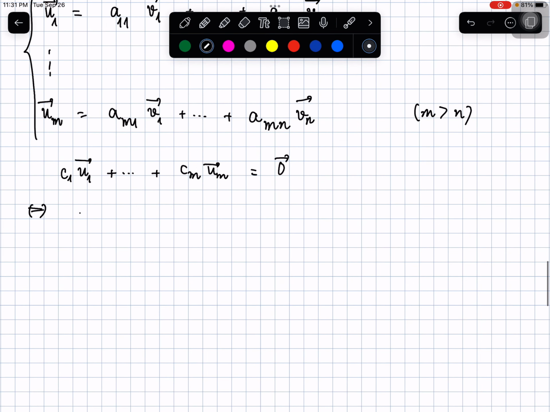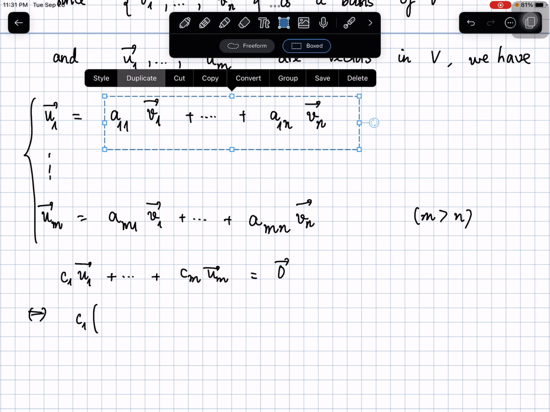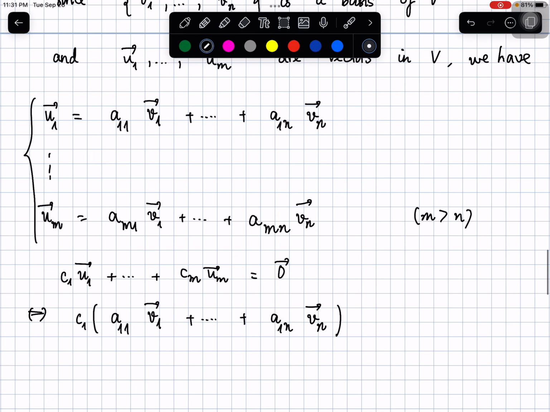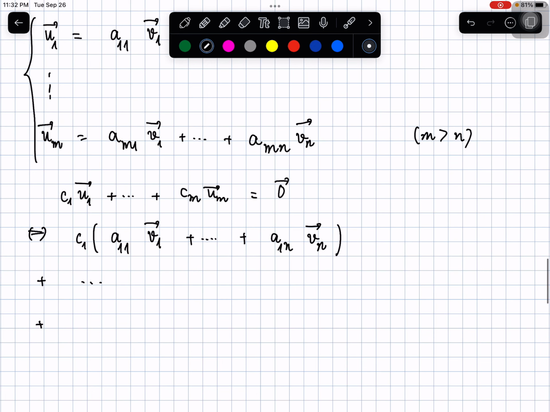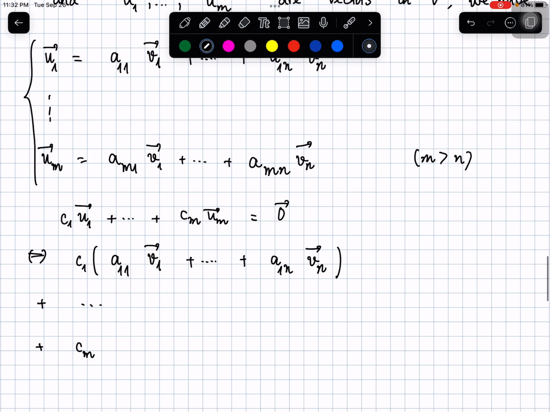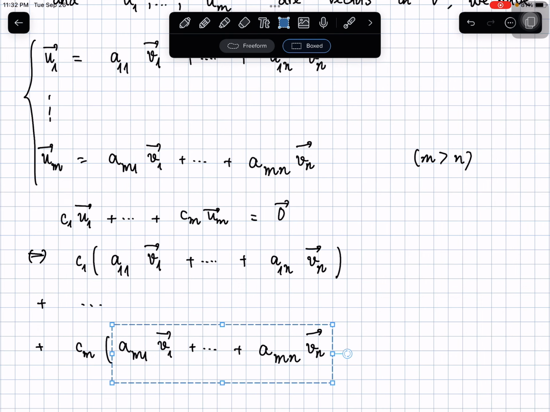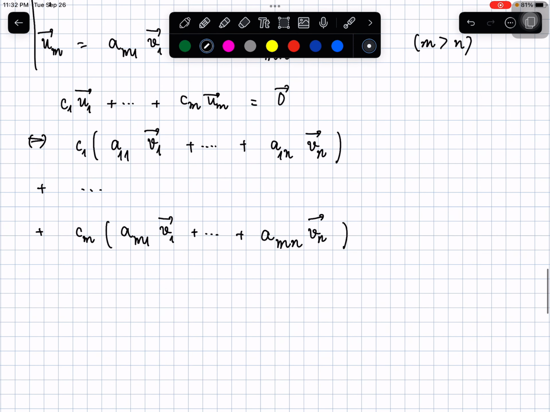So this is c1 times the first linear combination plus c2 times the second, plus, until cm times the last linear combination, equal to vector 0.